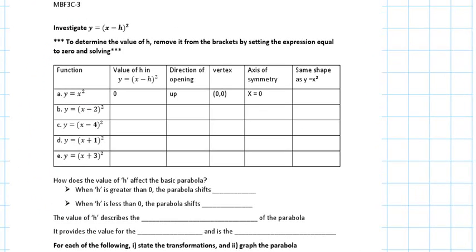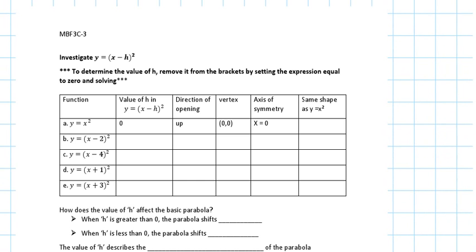Okay, so for the vertical translation, we learned that when I have y equals x squared plus something, that something causes a vertical translation, up and down. Now, what happens if that number is inside the bracket with the x?